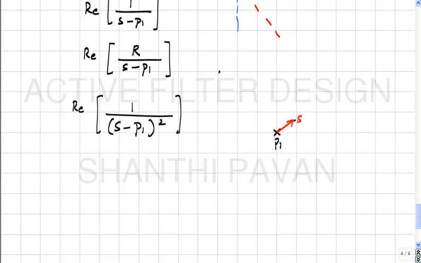All right. So what do you think will happen? 1 by S minus P1 the whole square will go through 720 degrees as S traverses 360 degrees around the pole. So in other words, the plane will get cut into many sectors, in fact 4 sectors.